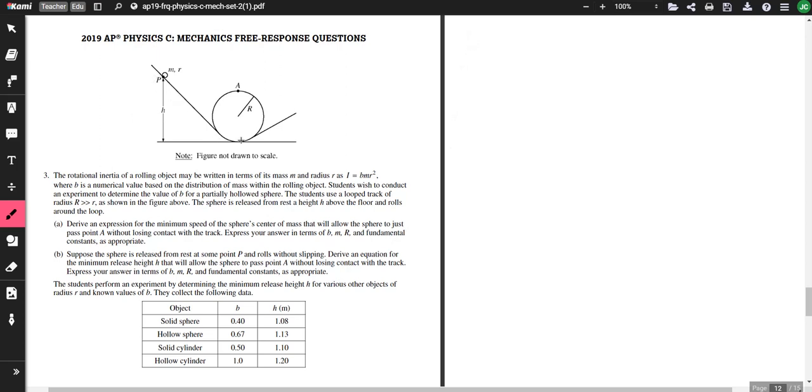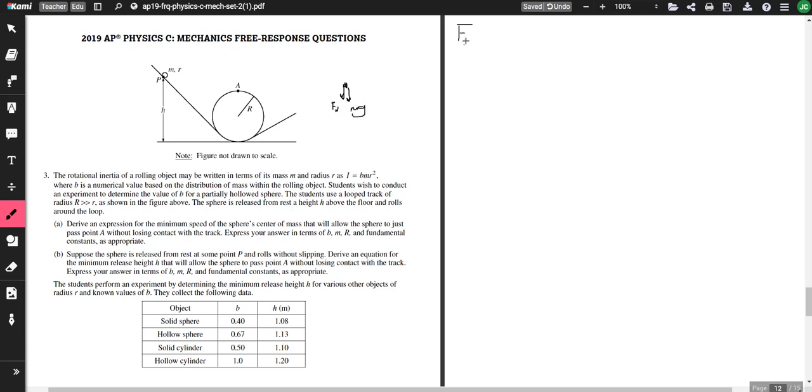As we go through this loop, I actually don't need to worry about it having this rotational inertia. That doesn't really matter, they're talking about the speed of the center of mass. So to find the minimum speed, I'm going to look at the forces acting on the ball. At the top, there are two forces, the normal force and the force due to gravity.